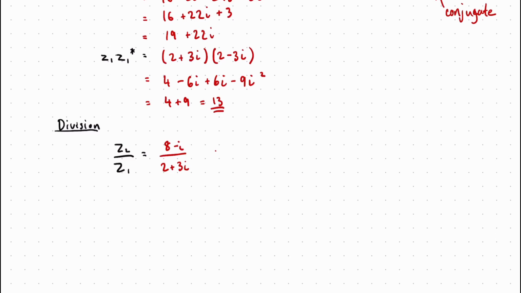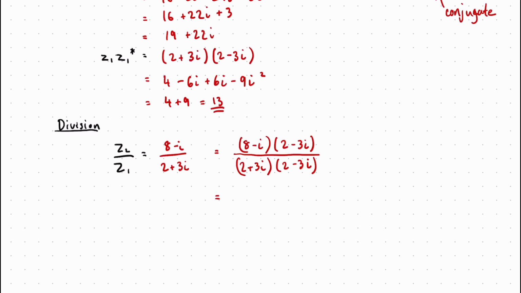So this becomes 8 minus i times 2 minus 3i over 2 plus 3i times 2 minus 3i. So multiplying by the conjugate. I know the bottom from the previous question is just going to become 13. So it's really just working out the top now.